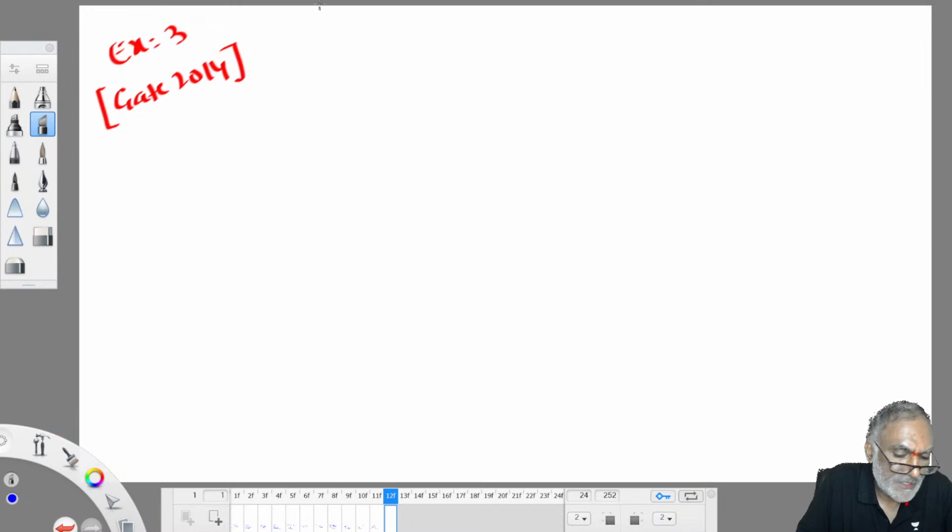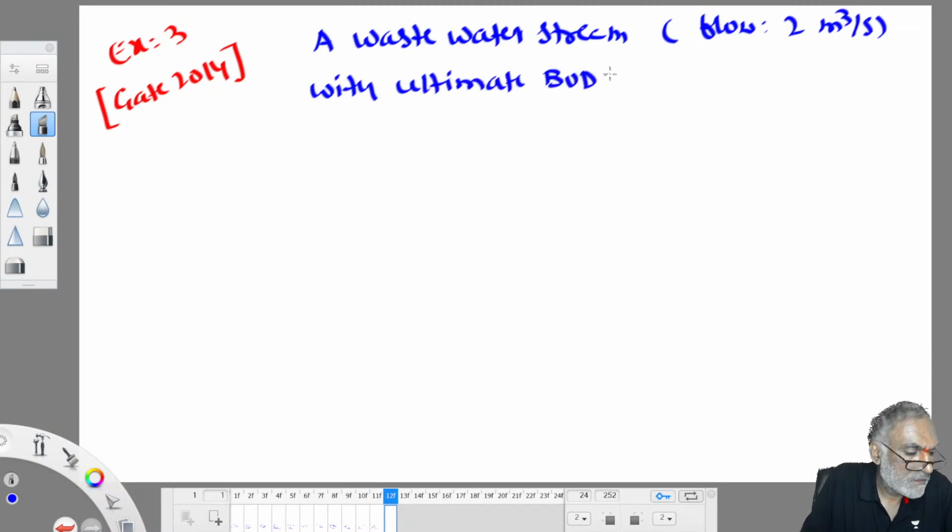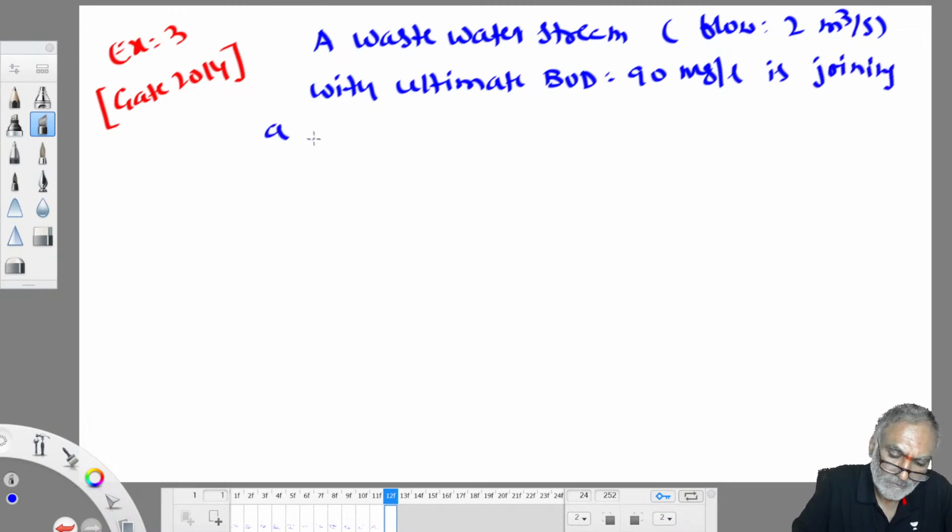A wastewater stream is given like this. I am writing it as it is, with ultimate BOD 90 milligram per liter, joining a small river.